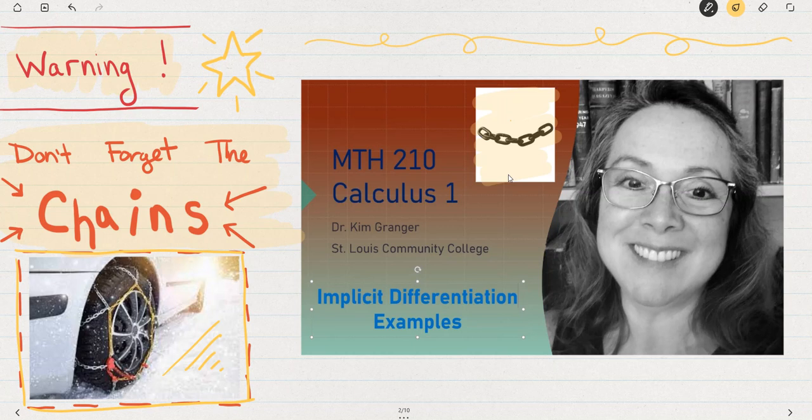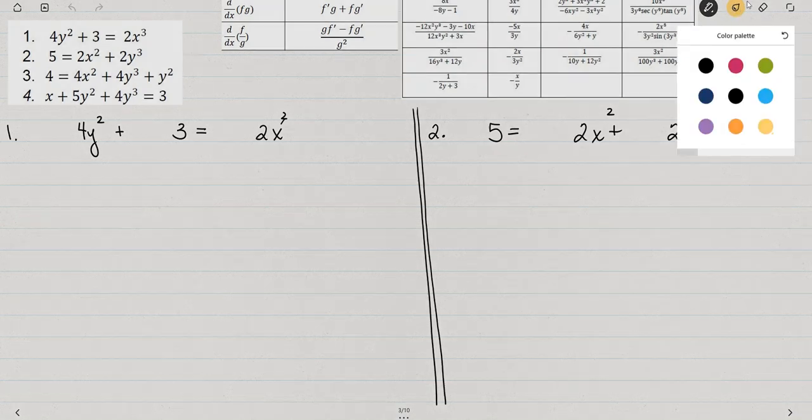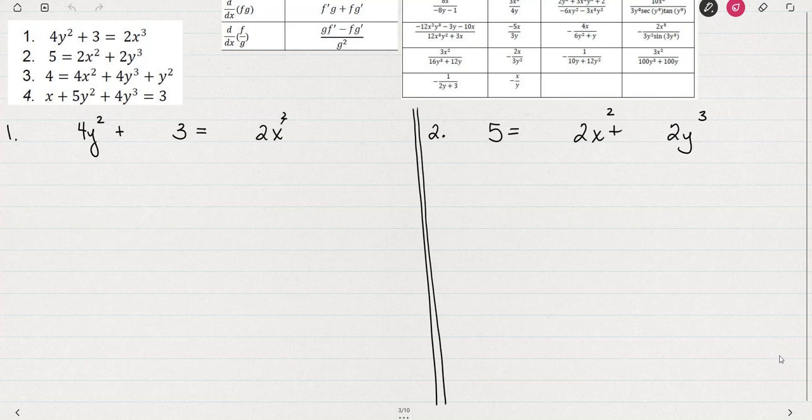But when you're caught on top of that mountain, if you don't have chains, they sometimes won't let you drive down the mountain. Great way to miss class, right? You call your teacher and say, I was stuck, I couldn't get down the mountain. But it would be your own fault because you hadn't planned ahead, you hadn't remembered your chain. So keep that in mind. You're going to hear me say it again and again. Go ahead and count how many times I say, don't forget to chain. It'll come up again and again.